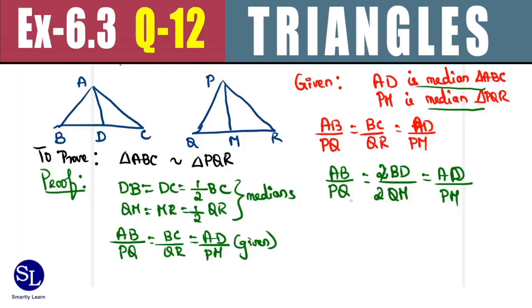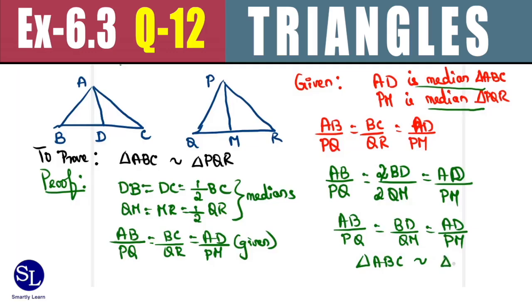So the 2 and 2 we can strike out. So this is AB by PQ is equal to BD by QM is equal to AD by PM. So this tells that triangle ABC is similar to triangle PQM using SSS similarity. So I'm writing the reason too.